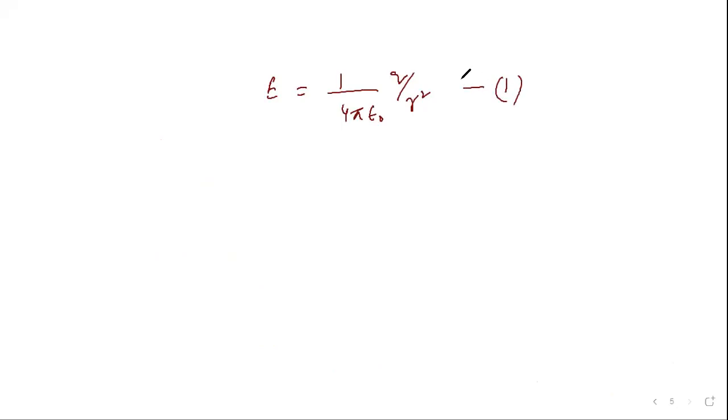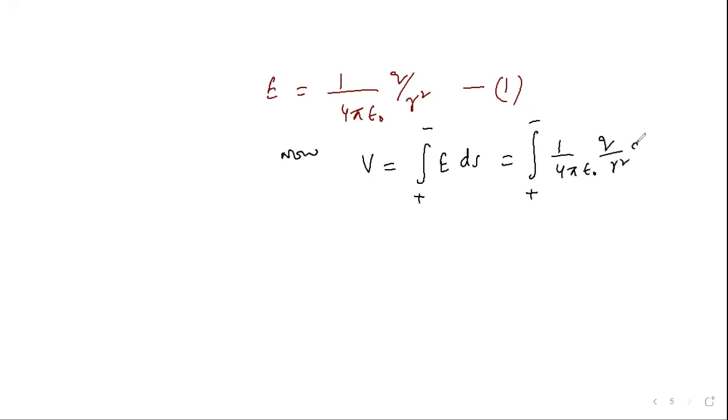So the next step, we solve for the electric field, right? Now the magnitude of the potential difference between the plates is integral plus to minus E dot ds. Using the first equation for the electric field, it is integral plus to minus 1 by 4 pi epsilon naught q by r square. I replace ds by dr because we are moving radially.